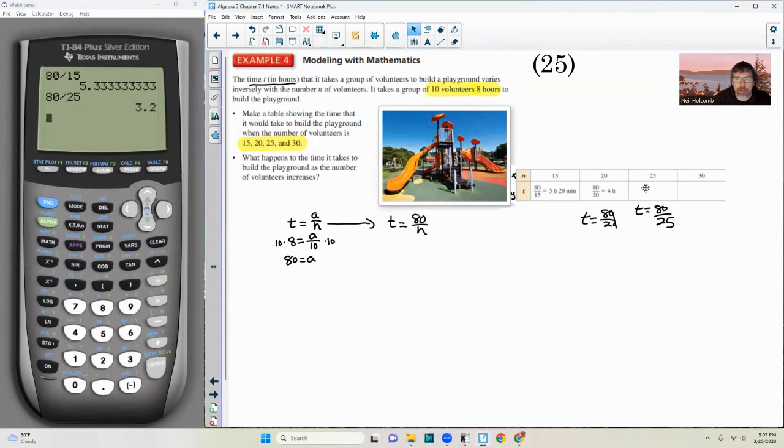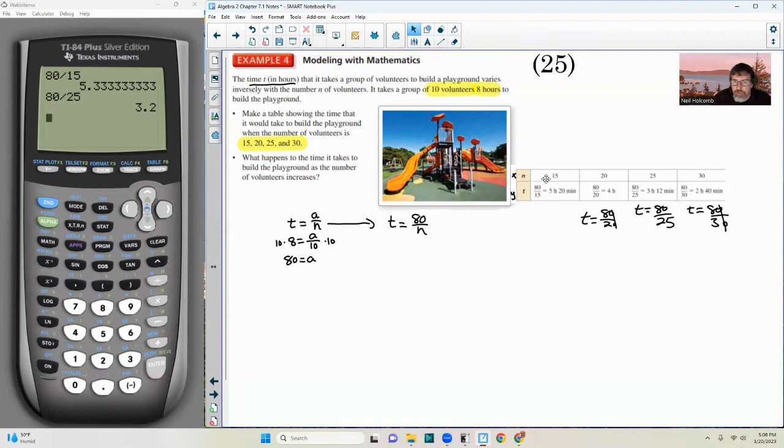And 2/10 of an hour is 12 minutes, since 1/10 of an hour is 6 minutes. And then for 30, we're going to do t equals 80 divided by 30, and that reduces to 8/3, which is 2 2/3, or 2 hours and 40 minutes. I didn't need my calculator for that one.